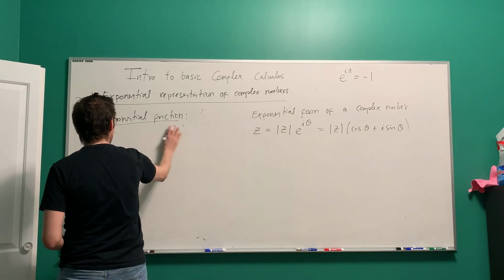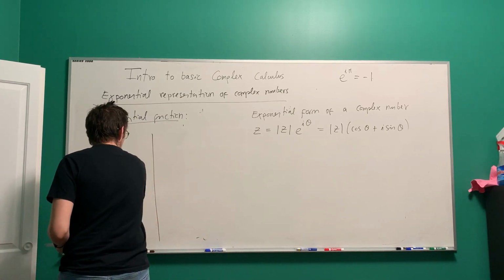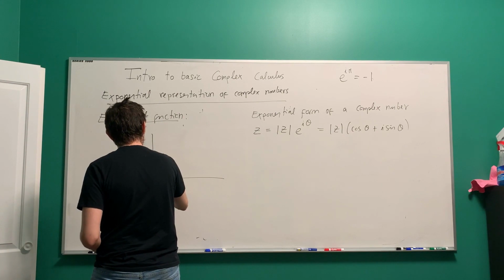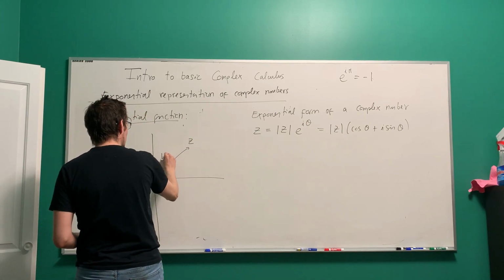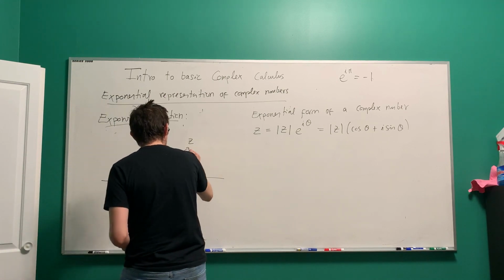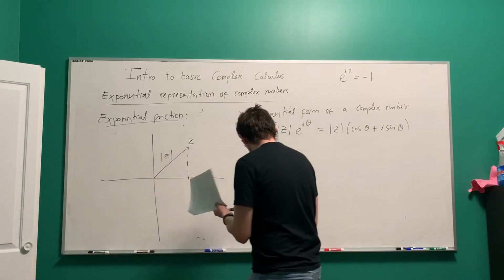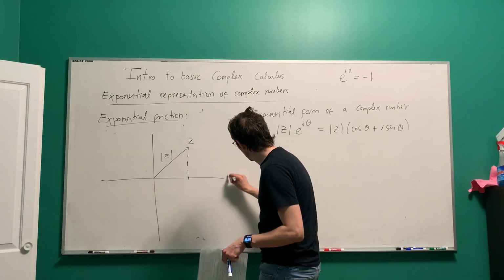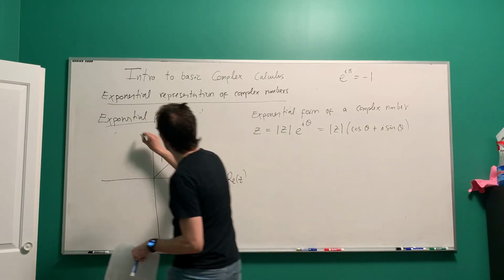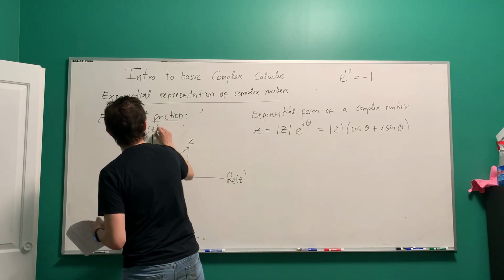Let's do it again. The complex number z, right? We have here the modulus. This is the real part of z. This is the imaginary part of z, right?